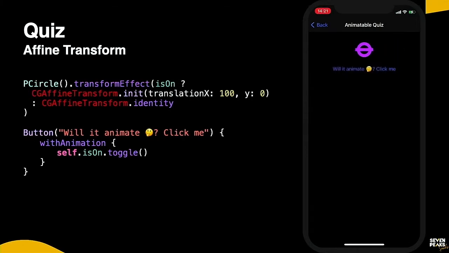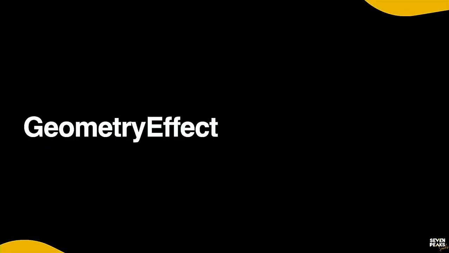It's because CGAffineTransform doesn't conform to Animatable. If you are an iOS developer, you may know CGAffineTransform will be animated with UIKit. How can we resolve it in SwiftUI? We will go with another protocol called GeometryEffect.